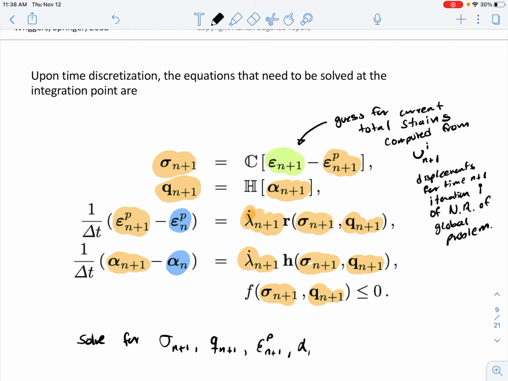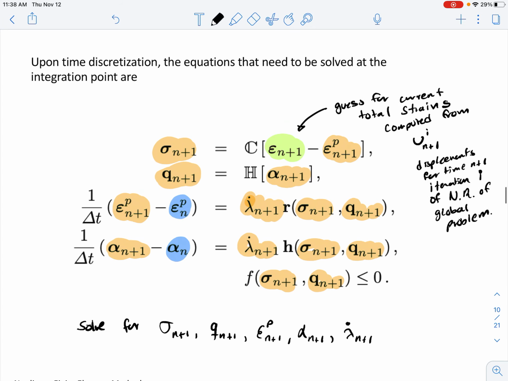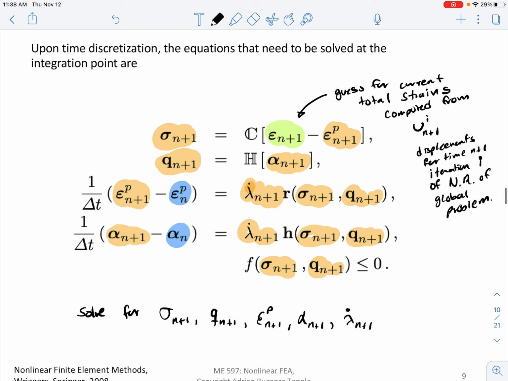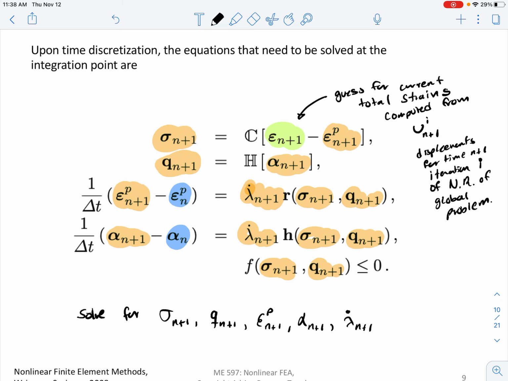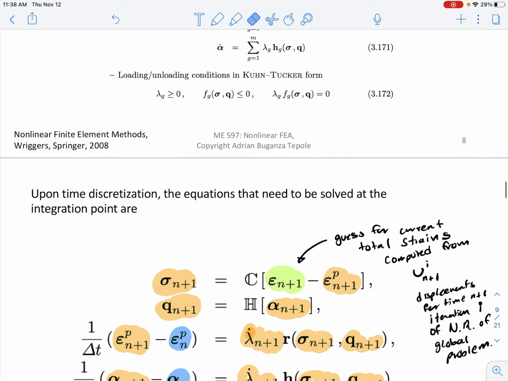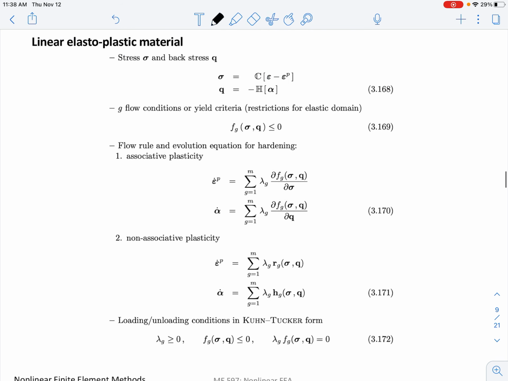So you need to solve for your new variables. All of this. That's it. That's basically what you need to solve for with these equations. This comes from the discretization, and by the way, this comes directly from the discretization of this and this and this.